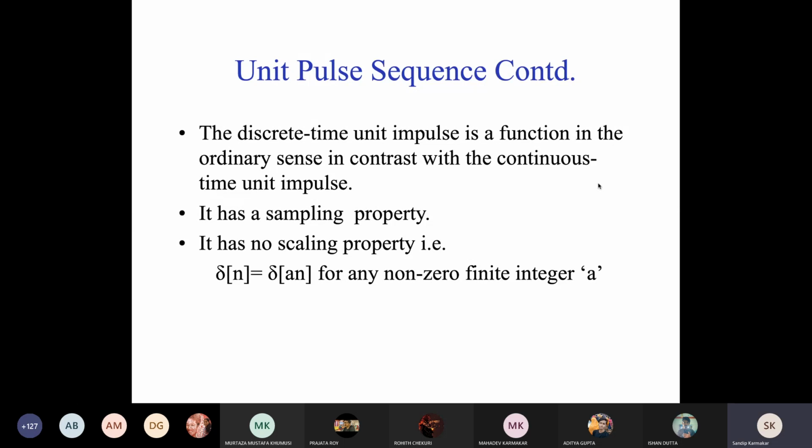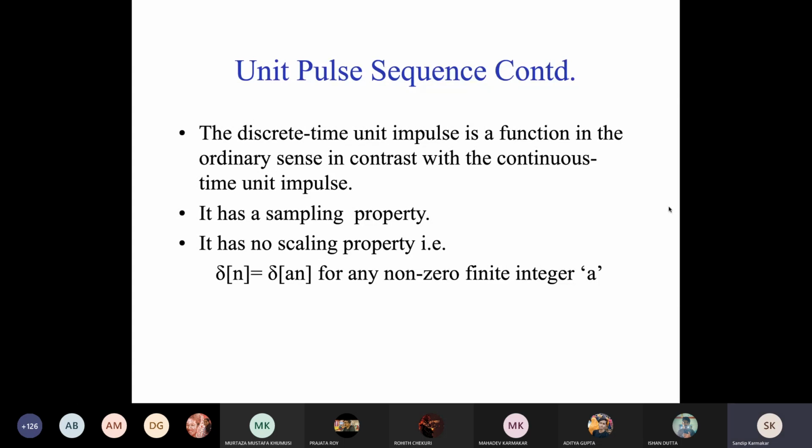No, I am telling the scaling property. The sampling property is okay; both the continuous time and the discrete time impulse have it. What about the scaling property? What is the scaling property for the continuous time unit impulse? I don't remember, sir, actually.